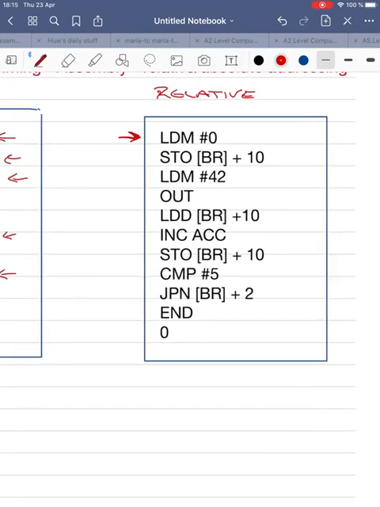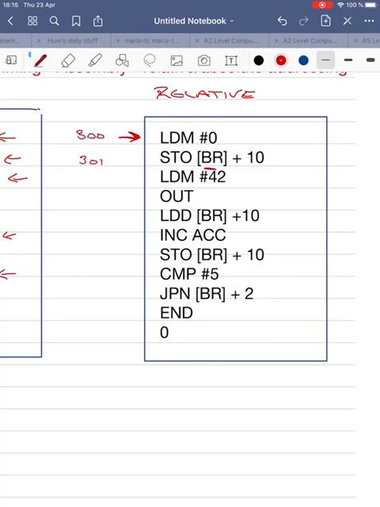But what is important is that we've got the base register. The base register stores the memory location of the first line of code. So if this was 200, let's change this. Let's say it's 300. So this line here is at 300.